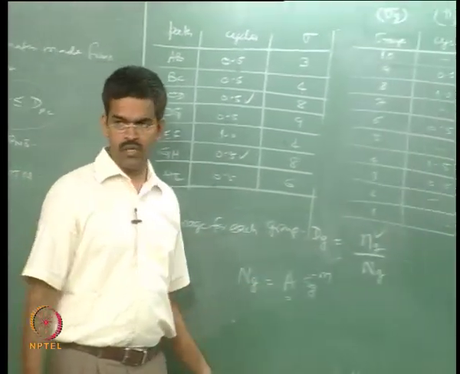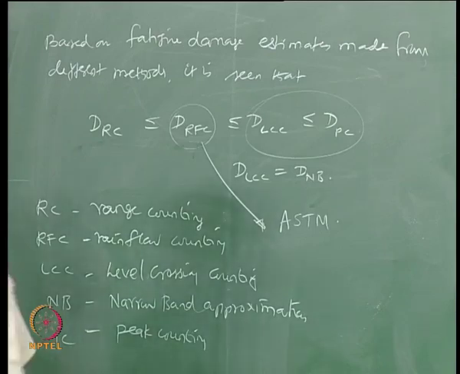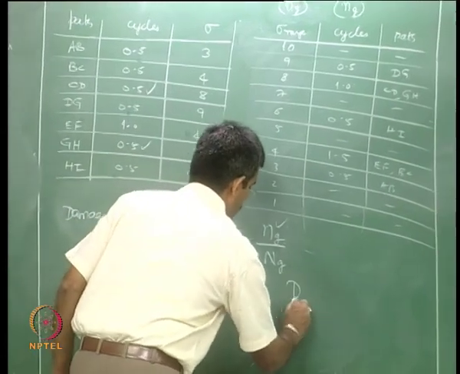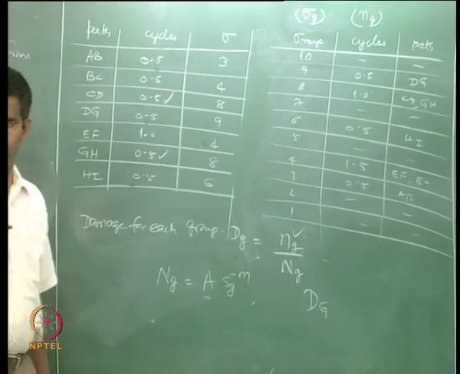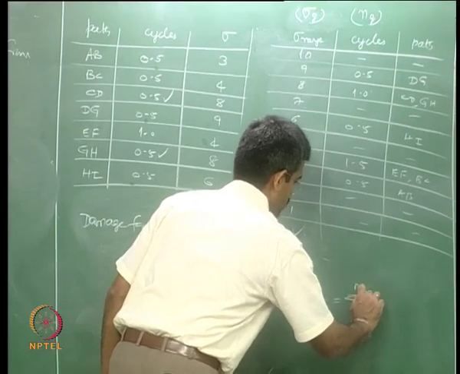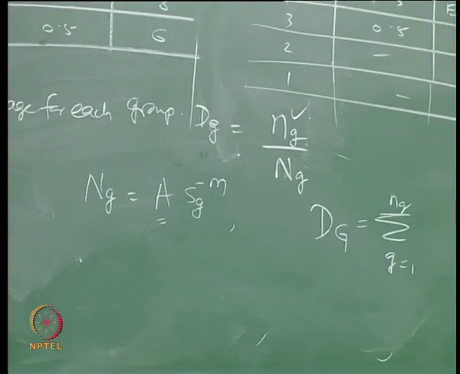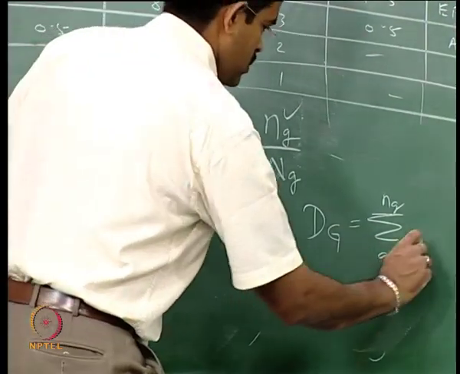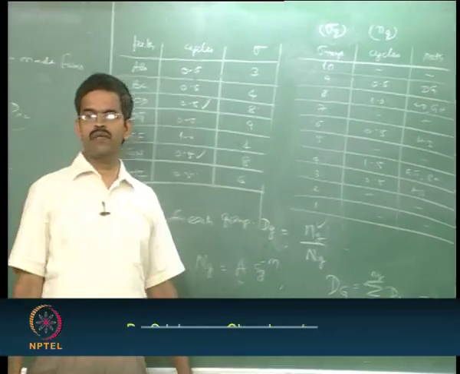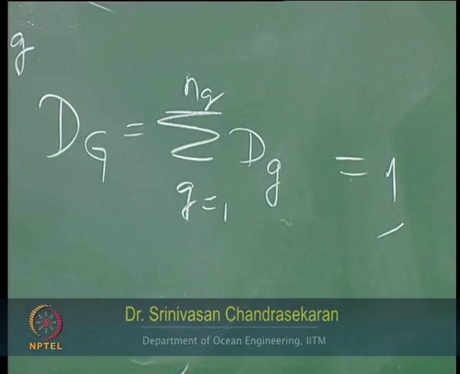If you really want to find the cumulative damage using Miner's rule, you can apply this: the sum over the entire group, g equal to 1 to Ng as number of groups, of dg equal to, if this sets to 1, then the damage has occurred. This is as per Miner's rule which we saw in the last lecture. Thank you.